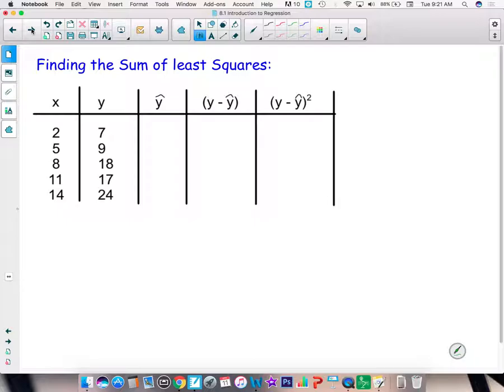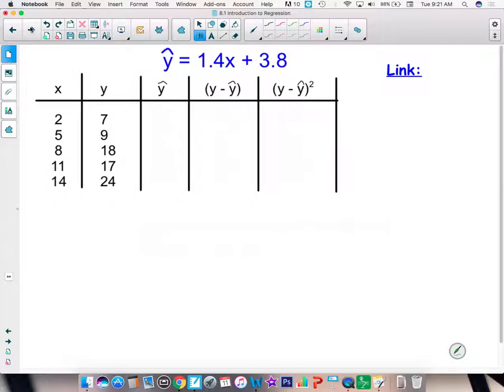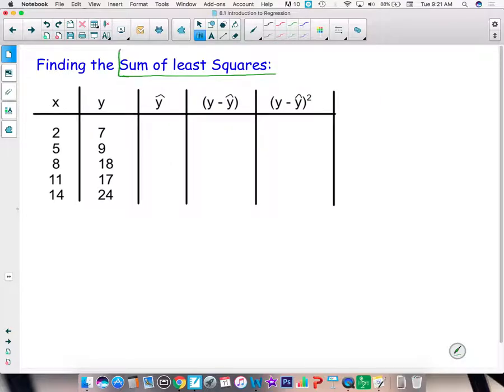Looking at these, we have our equation. We're finding the sum of the least squares here, to give us information about how good our line of best fit is. Our equation that we used was this one. Sum of least squares is used a lot in other statistical calculations, but this basically tells us how good our data fits the line.